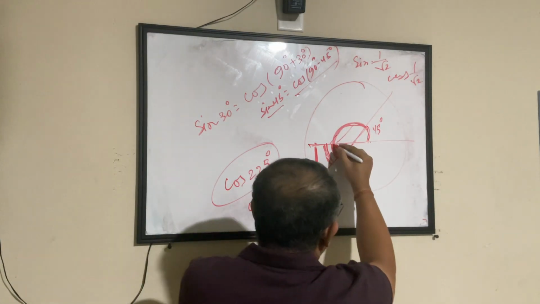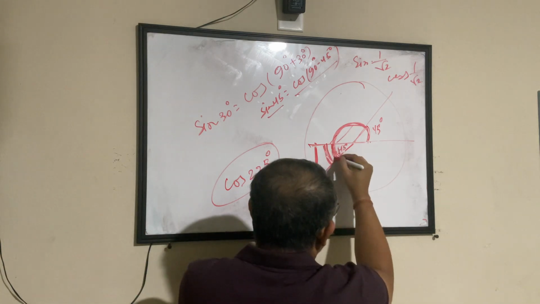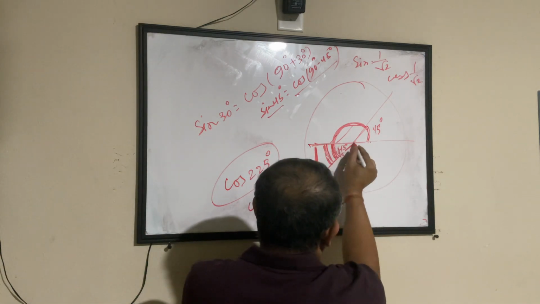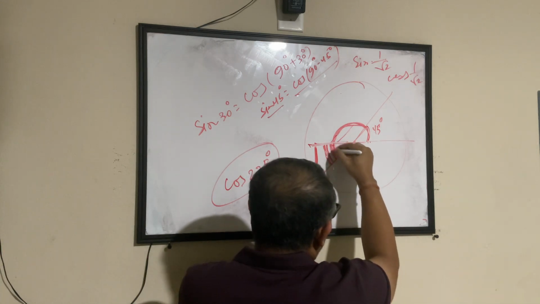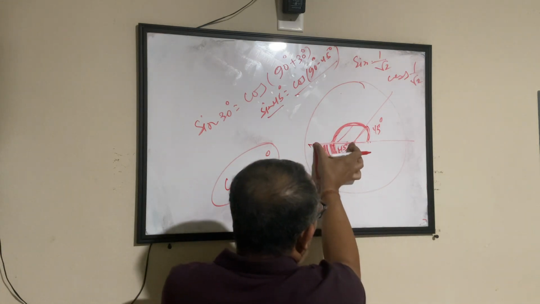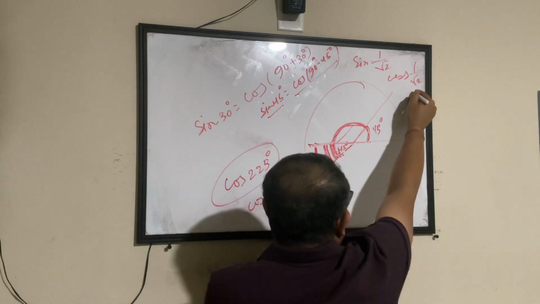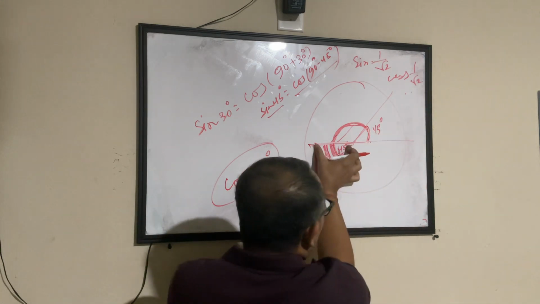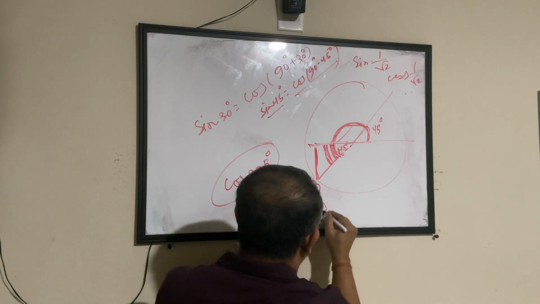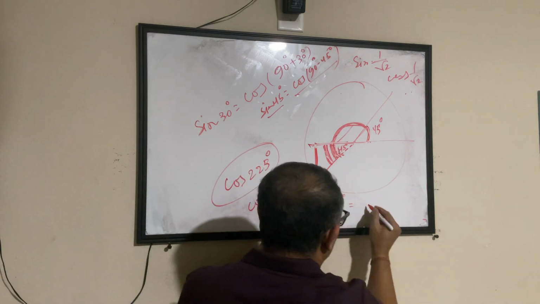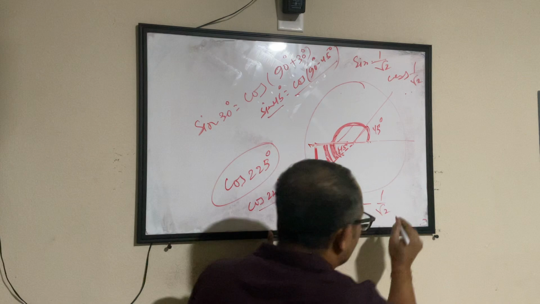Now, since this is my 45 degree angle, this is my x coordinate, and this is my length, which is 1 by root 2, in the negative direction. So cos 225 becomes minus of cos 45 degree, and that equals minus 1 by root 2.